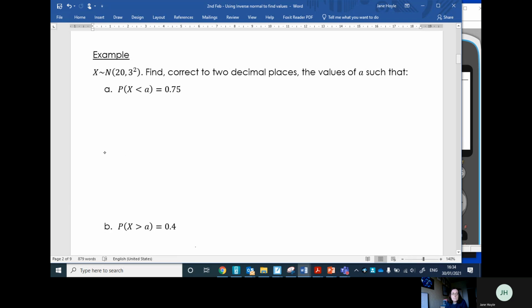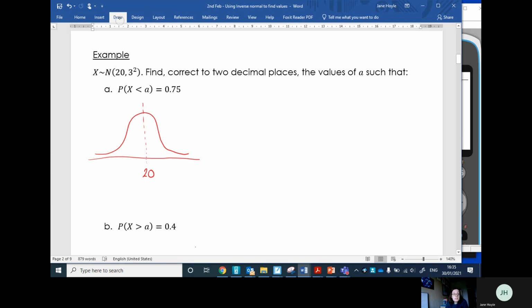So I want to work out the value of A such that the area is equal to 0.75. Let's sketch it. Every single time, sketch it. My line down here, that is, I think, the best yet. The mean is 20. Now this time we want the area to be 0.75.